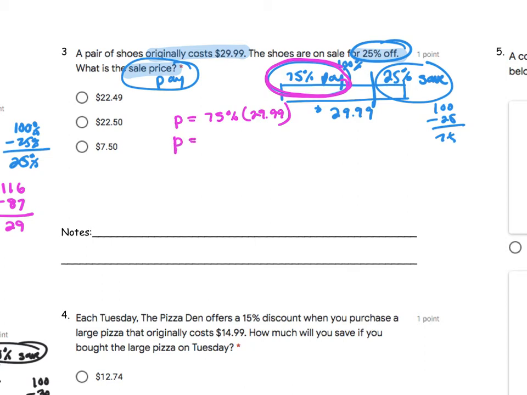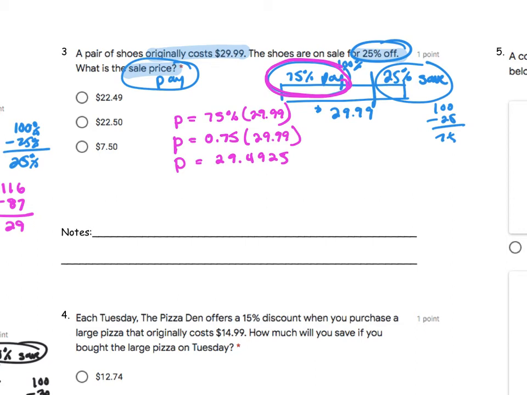We have to divide 75 by 100, or scoop the decimal two places to get 0.75, times $29.99. Now please pause and use your calculator. And that equals 29.495.